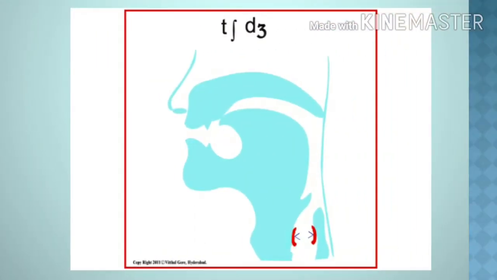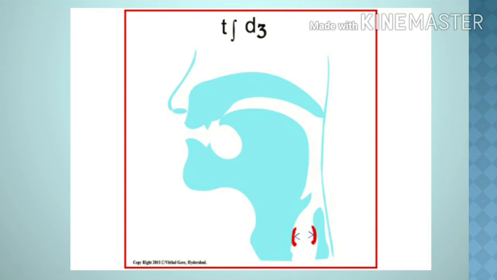Let us look at the diagram here. I have pointed out the blade of the tongue, more particularly the front of the tongue, is raised towards the alveolar ridge, but a little bit towards the palatal, that is the beginning of the hard palate, and there your closure takes place.